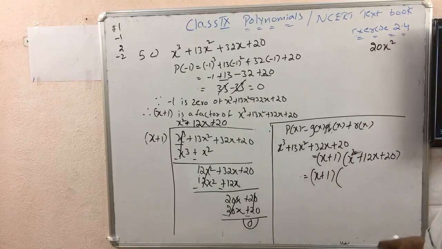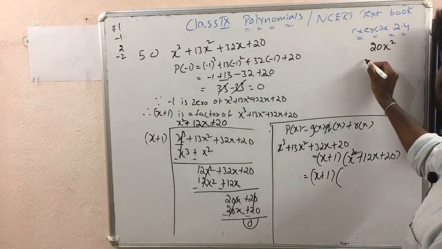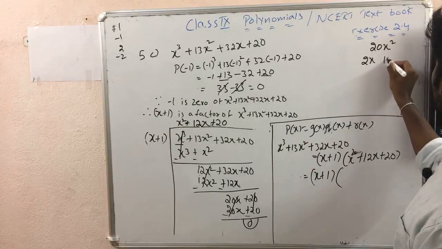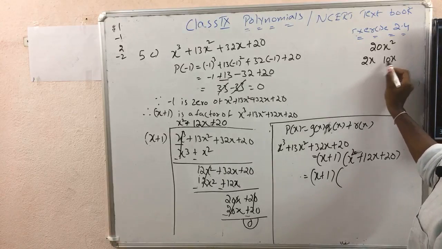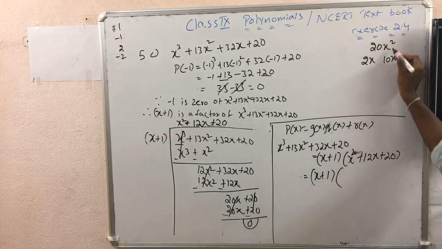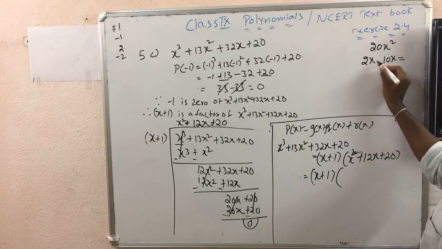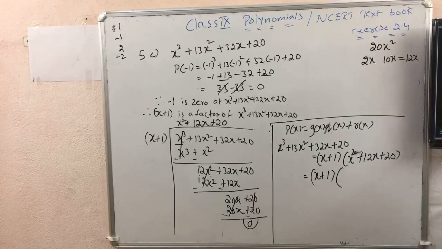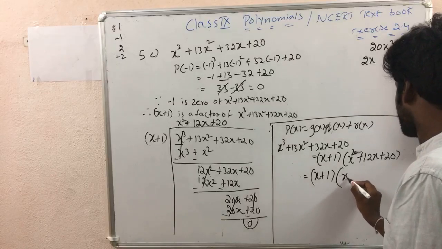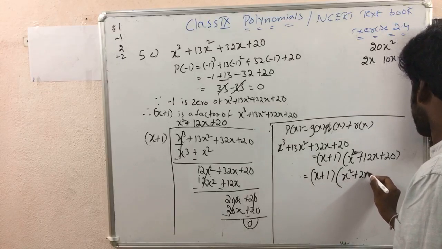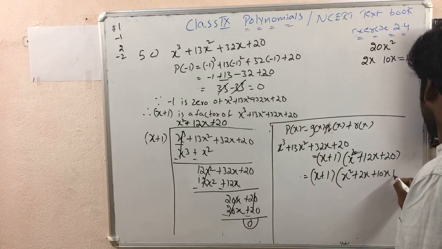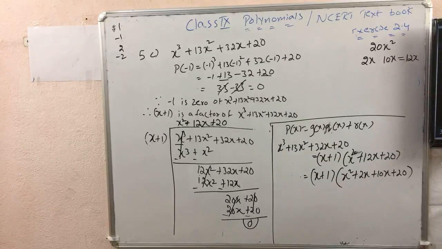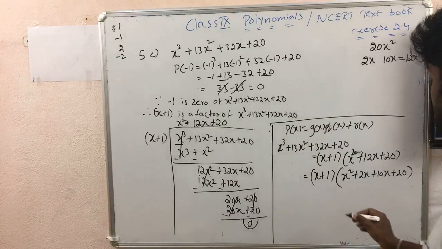We have many factors but only two factors work, which are 2x and 10x: 2 tens are 20, x into x is x square, and when adding them, 10 plus 2 gives 12x. So I am splitting this as x square plus 2x plus 10x plus 20.